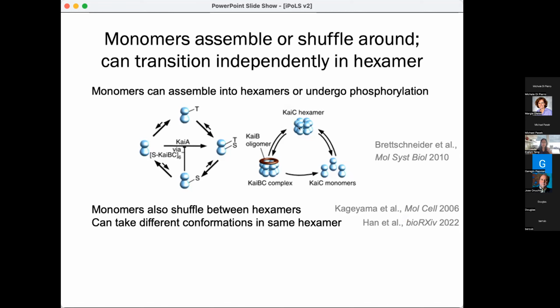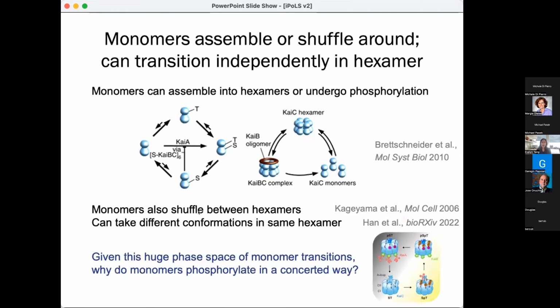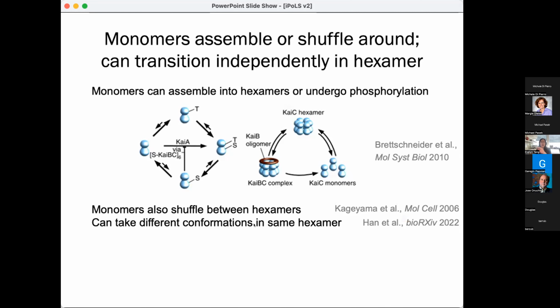The monomers can bind into hexamers and unbind into individual monomers, so monomers shuffle between different hexamers at different times. That was shown very early on. Even within the same hexamer, these A loops can take on different conformations: sometimes exposed and sometimes buried across different monomers.